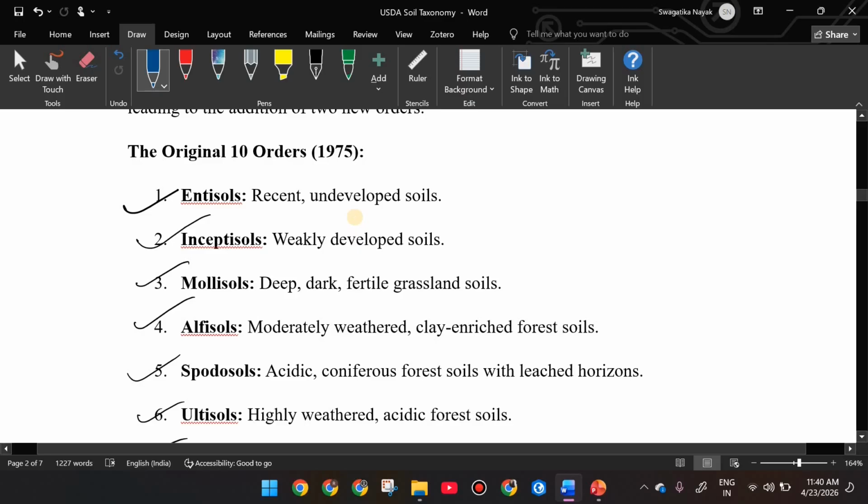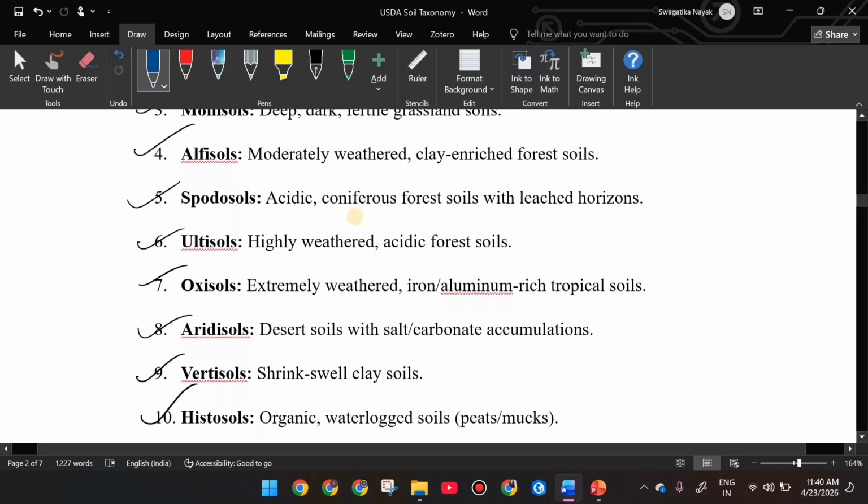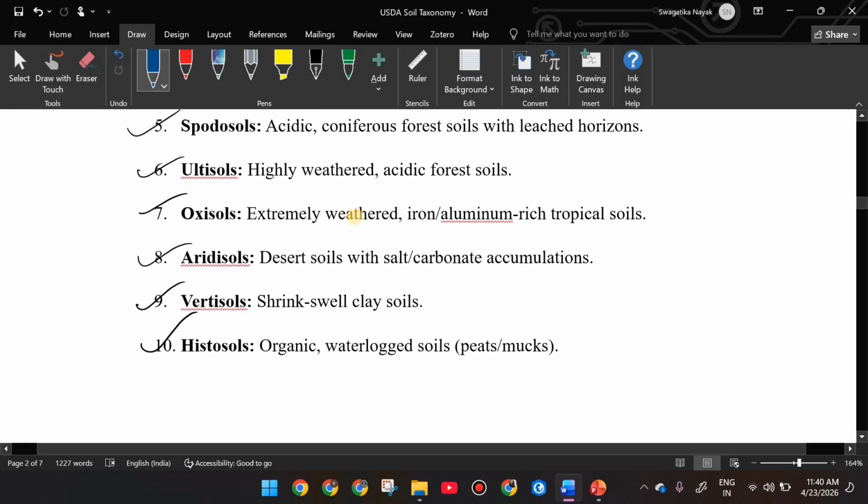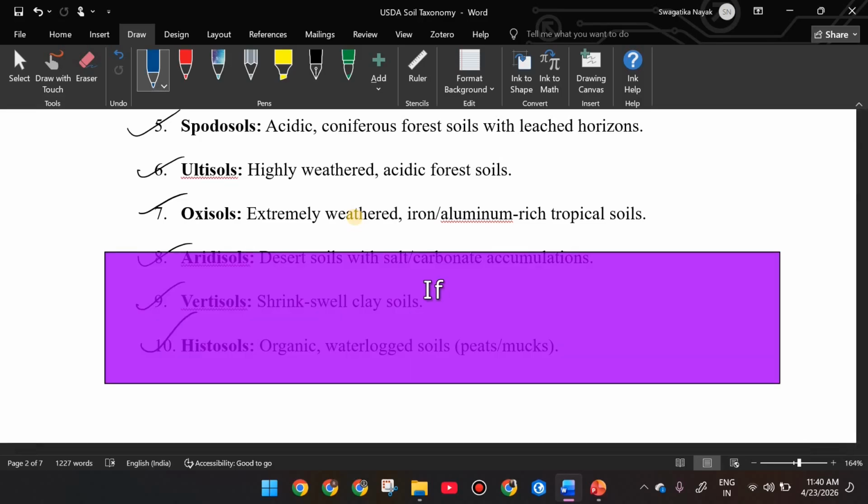Before studying all these orders, I would like to clarify some important information that you should know before knowing all these soils.